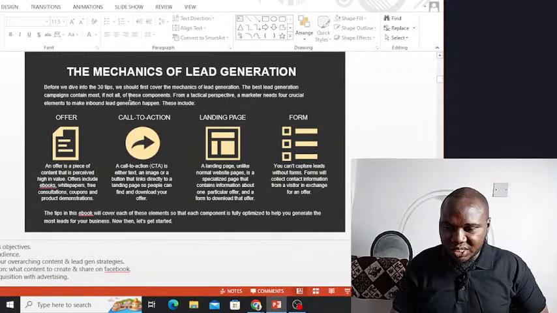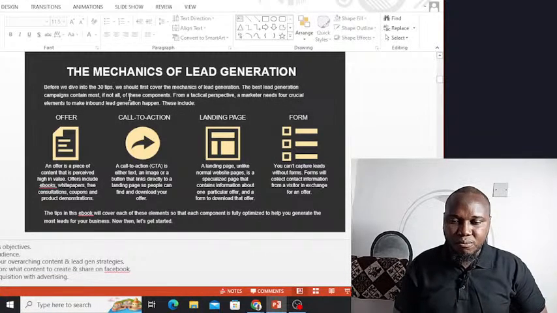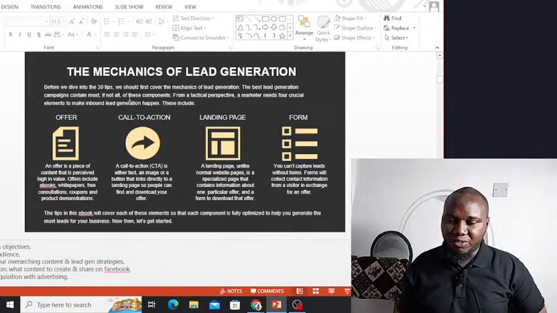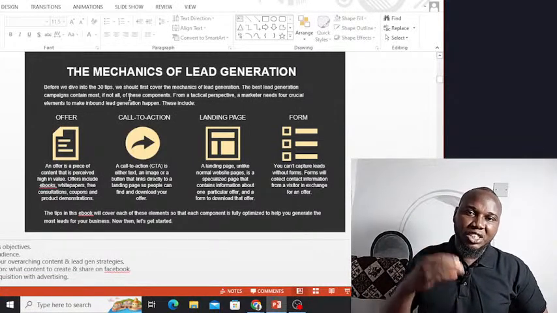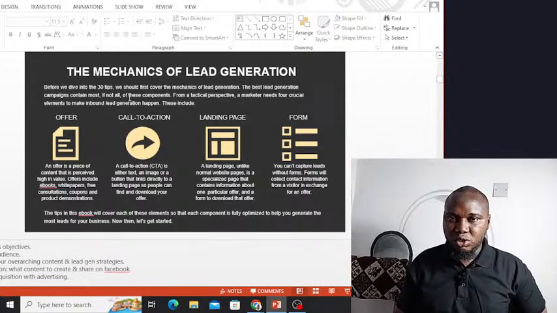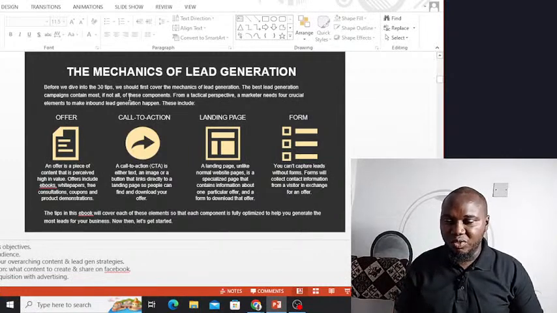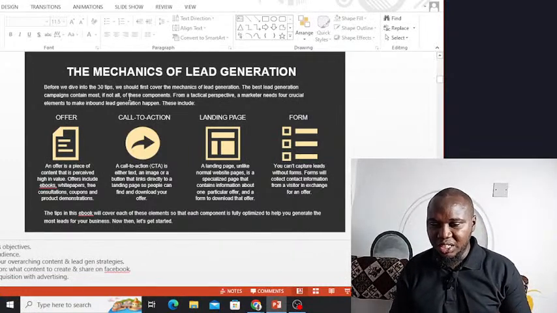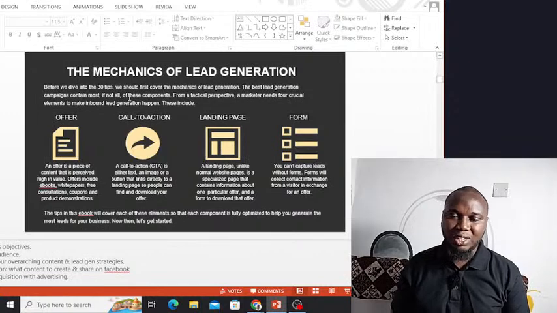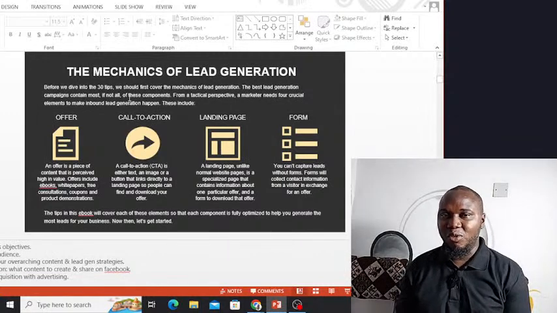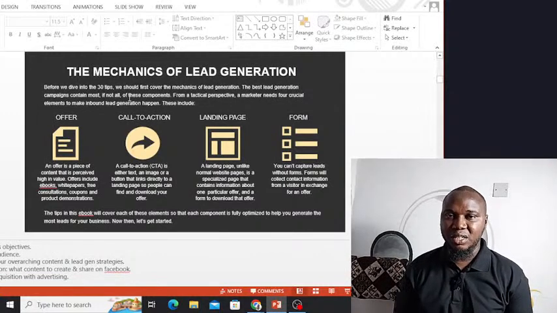So it is about one particular offer and a form to download that offer. And of course, the form is where you capture the details of your prospect. That is just what you do with your form. You can't capture leads without a form. You cannot get leads except you get a form where people put in their details, their data.